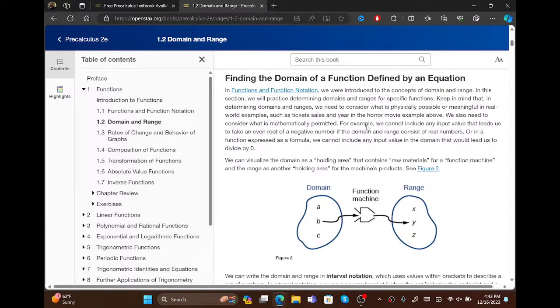What this means, guys, is that in some cases, when they're giving you application problems, which we will look at hopefully in this stream, when it comes to domain and range for real-world applications, we cannot have negatives per se.